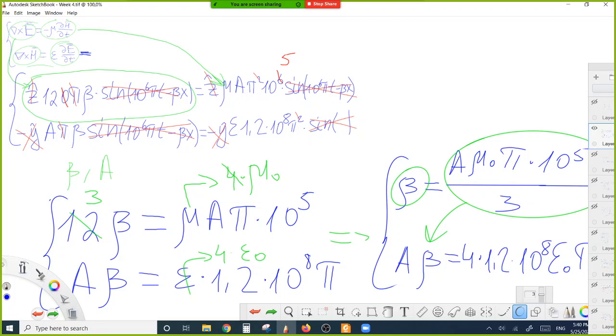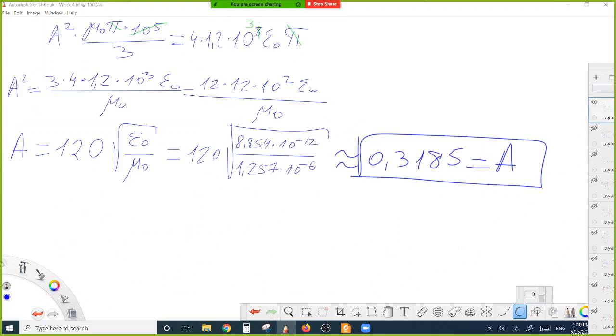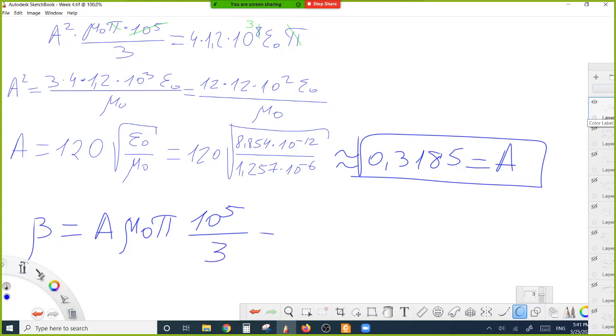What about beta? Here we defined that beta is equal to a mu 0 p 10 to the 5 by 3.